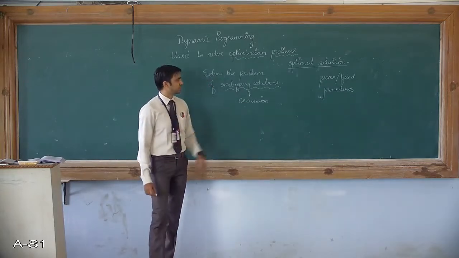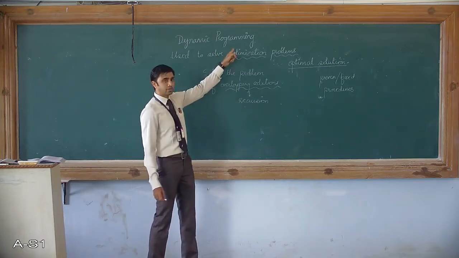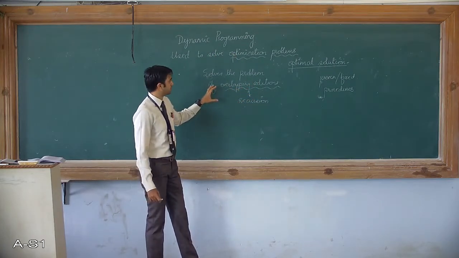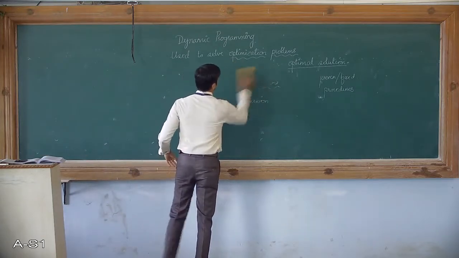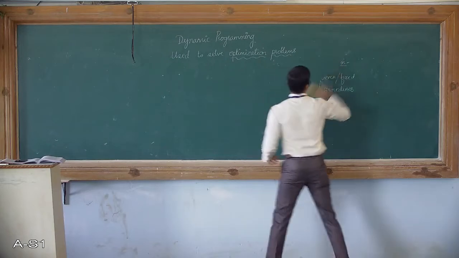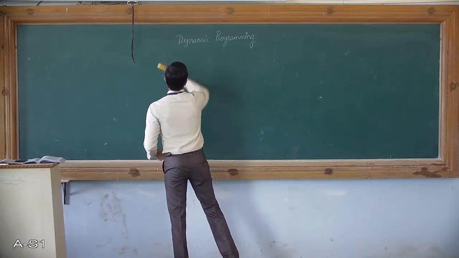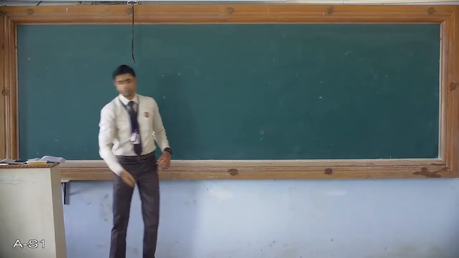We'll discuss this with the help of an example, and we'll see how dynamic programming is used to solve this problem of overlapping solutions. We'll see an example of the Fibonacci series, an algorithm which displays the nth Fibonacci number from the series.